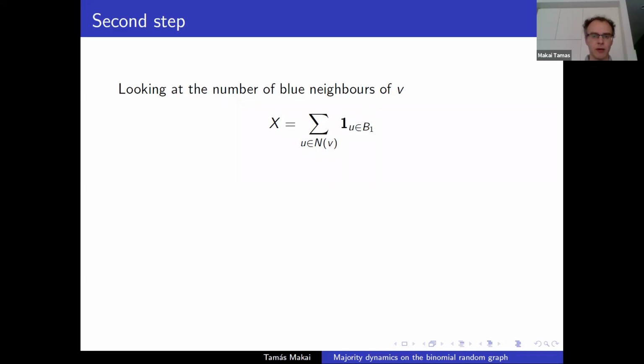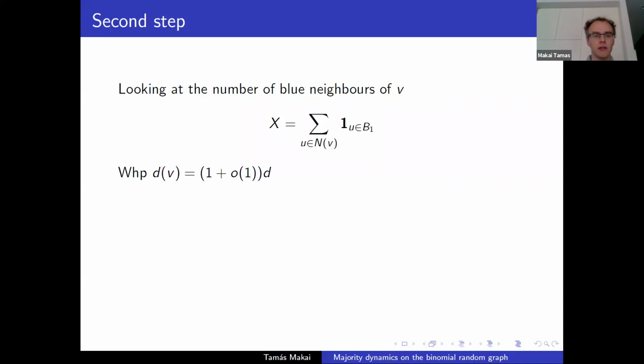Okay, so we want to know what's the probability that V is blue after 2 steps. So we want to examine the random variable X, which is just the sum of its blue neighbors.